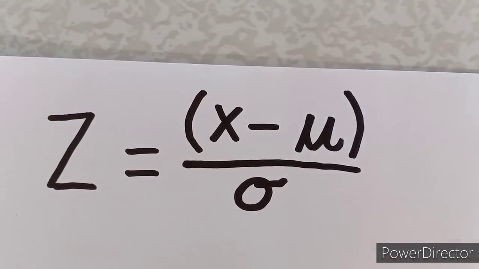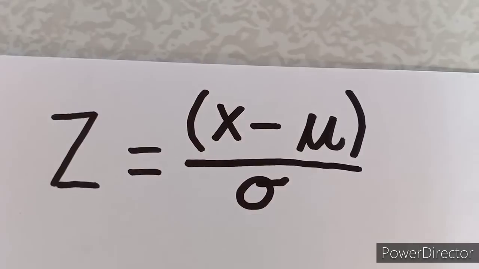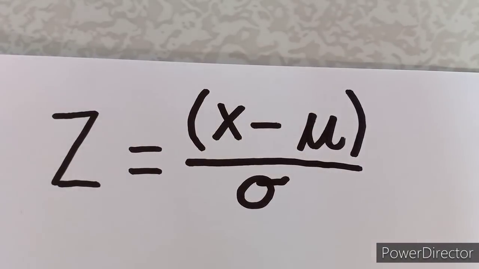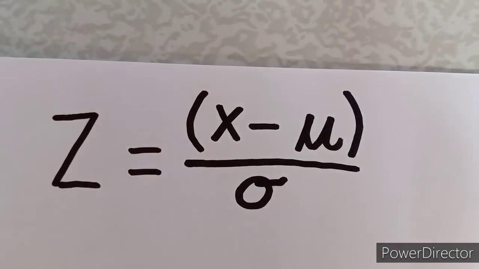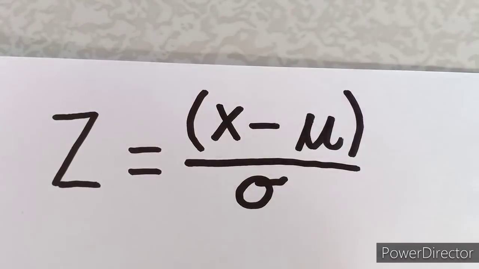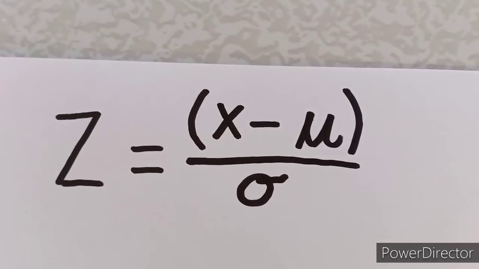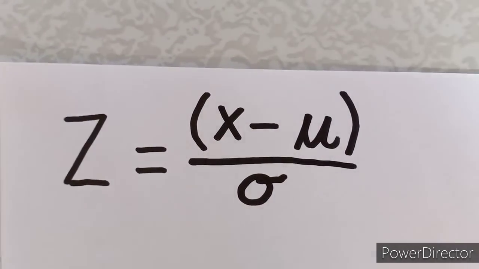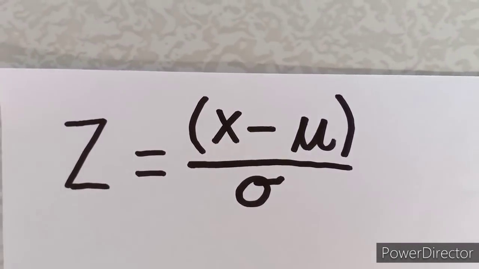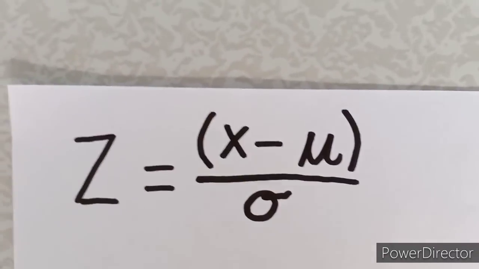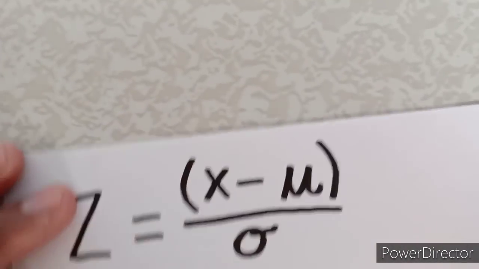Paano kaya yon? Using derivation, makukuha natin ang formula on how to find standard deviation, how to find normal value, and how to find our mean. Na hindi ko po nakita sa inyong activity sheet or module. So, ipapakita natin. Dapat marunong tayong mag-derive ng formula.